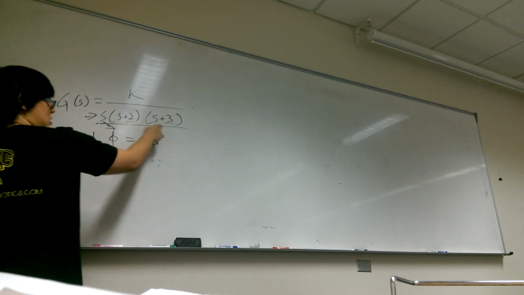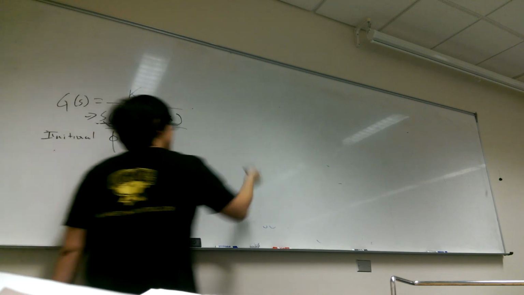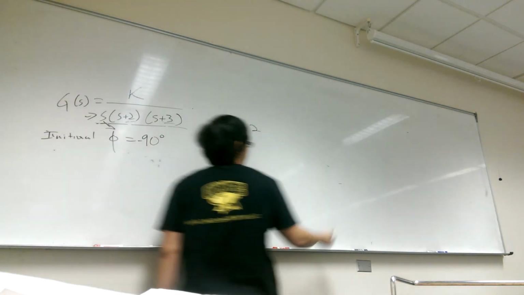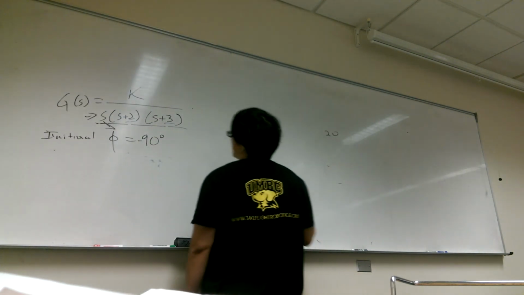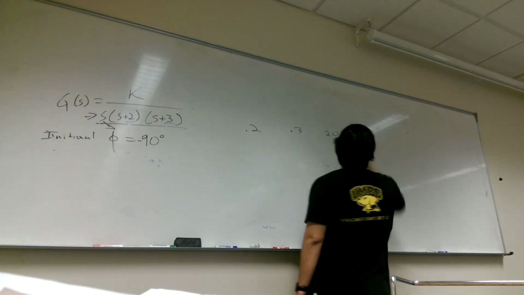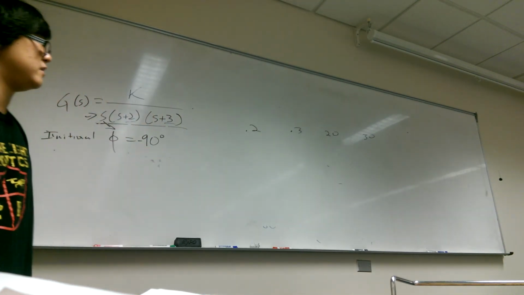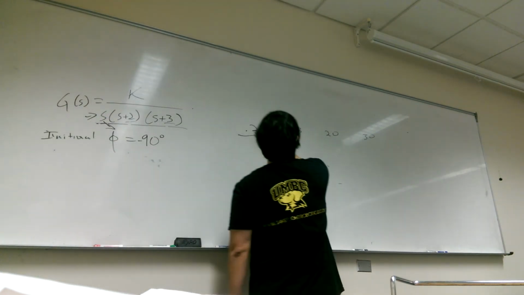So if you have 2, you should have 0.2 and you should have 20. If you have 3, you should have 0.3 and you should have 30. And make sure you draw those in the correct order. So it's 0.2, 0.3, 20, 30.